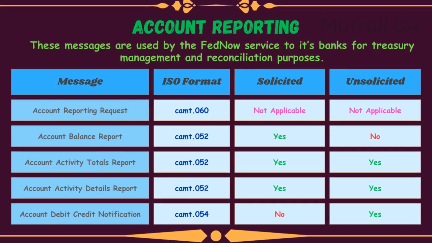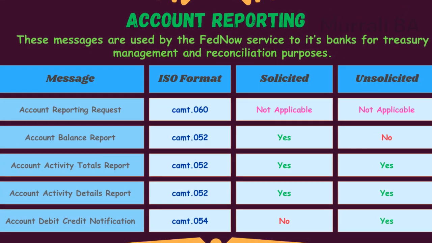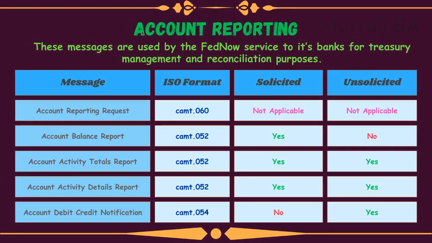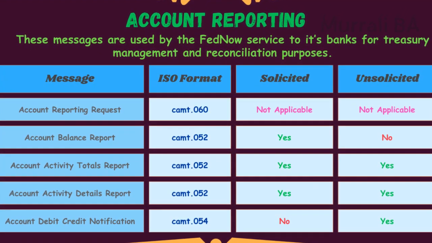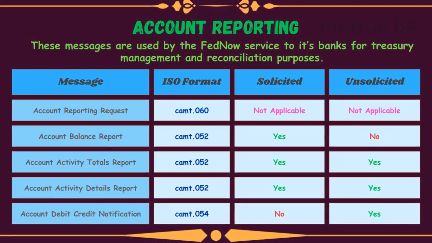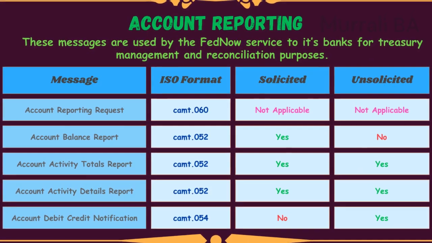The account activity total reports and account activity details report both can be sent on an unsolicited or solicited basis. The final one, account credit debit notification, is only on an unsolicited basis. We will see each of these messages and their functional flows in upcoming videos in detail.